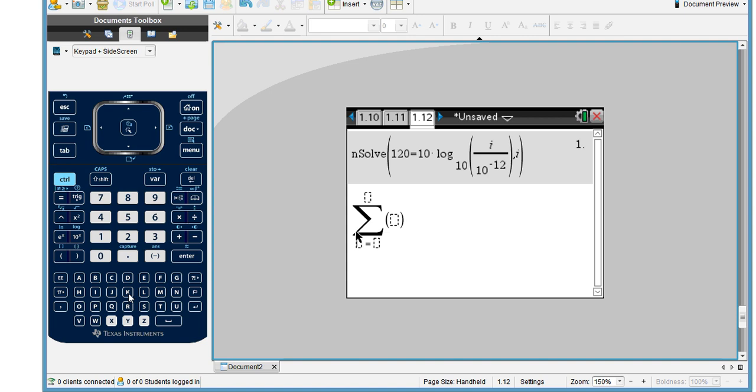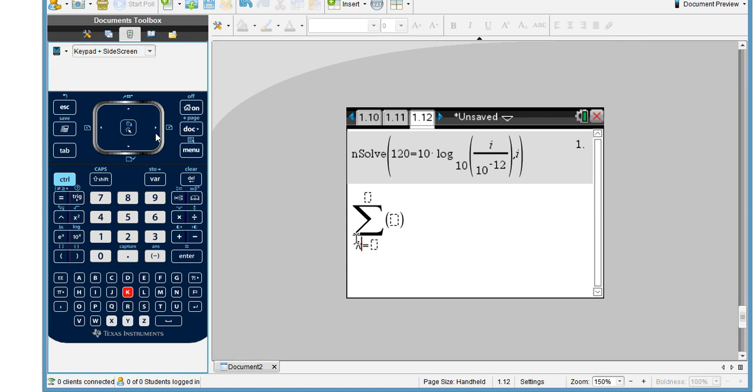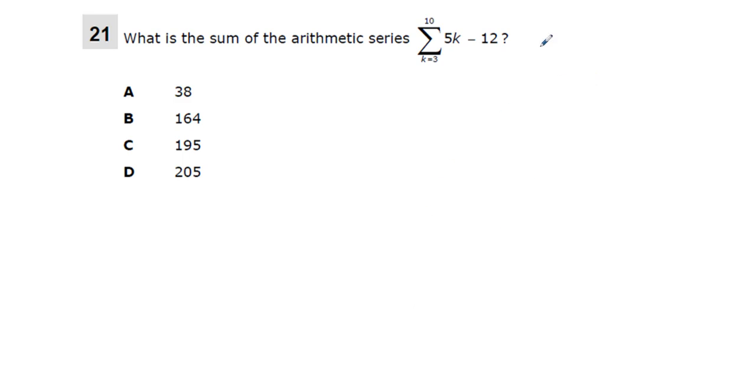So I'm going to put k is equal to 3, and then up here it's going to be to 10. And then over here on the right, we're going to put 5k minus 12. I'm going to explain what that is in a second. And so we get 164. So equals 164. That's answer choice B.